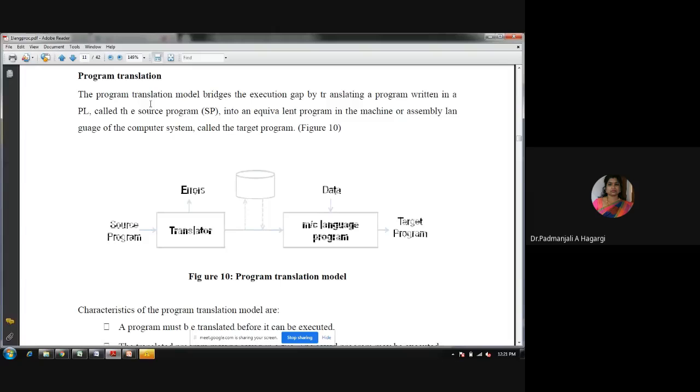So here you might have understood what program translation is.